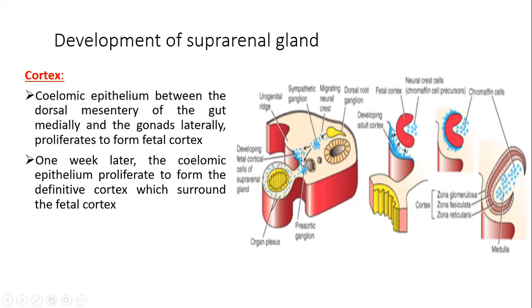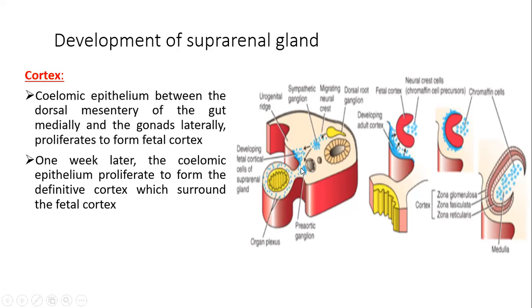And if you see here, developing fetal cortex cells. So these cells are all going here, and they are proliferating here, which later will form the cortex. So they are all coming from the dorsal mesentery. One week later, the coelomic epithelium proliferates to form the definitive cortex, which surrounds the fetal cortex.